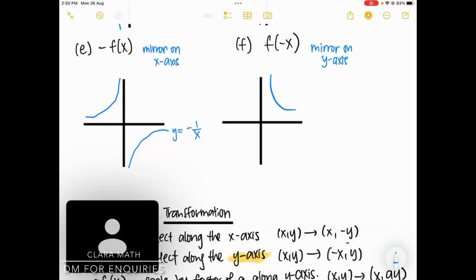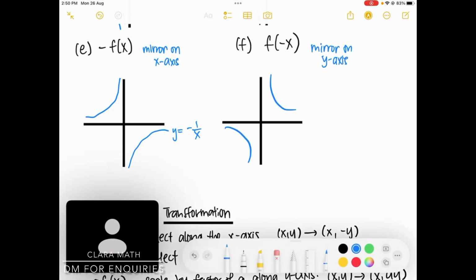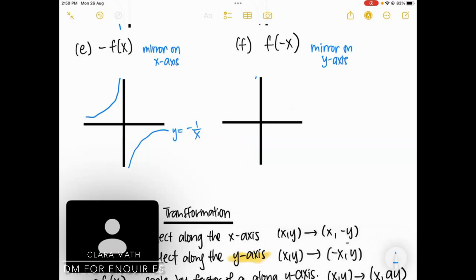So actually it was like this, but now I have to use the y-axis as the mirror. So instead of flipping up and down, it goes left and right. Then, oh, it looks the same. Yeah, it looks the same.